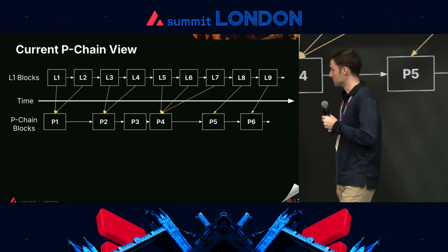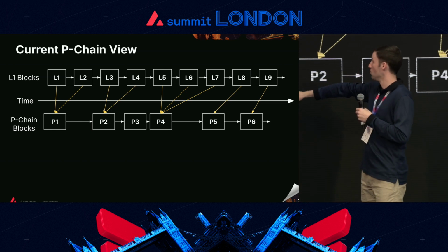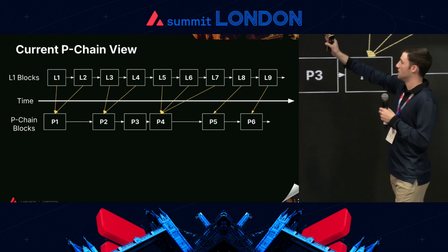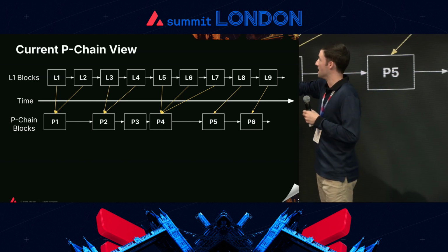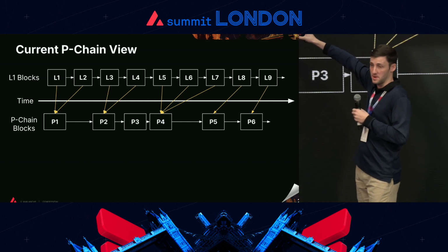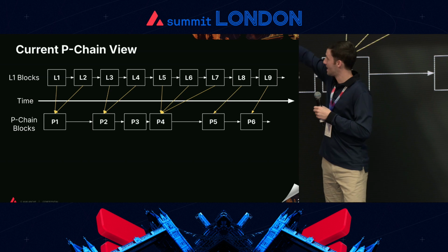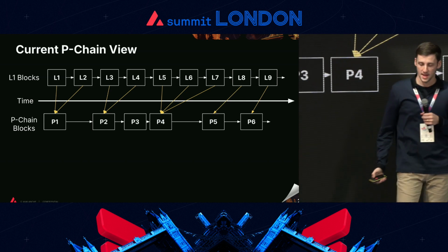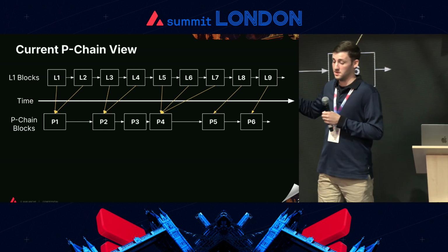So you can see here, say, L1 block 1 on the L1 chain points to P-chain block 1. Block 2 also points to block 1 because there hasn't been any more blocks on the P-chain. But now when L1 block 3 comes about, that block proposer has seen block 2, since that happened before in time, and they then advance the P-chain pointer height to the latest block.